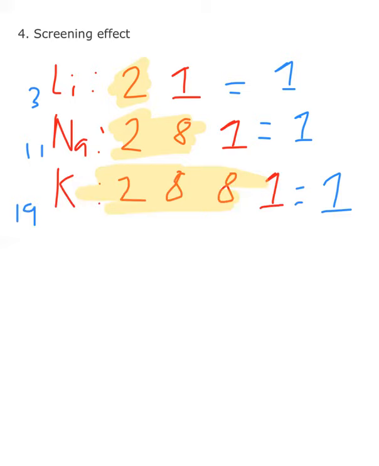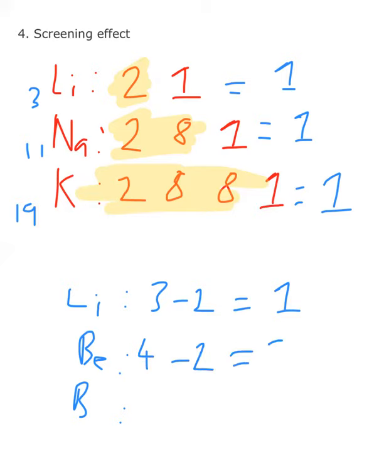So we did this earlier for lithium, then for beryllium, boron, and further onwards. For lithium, there are 2 inner electrons and 3 protons. So 3 minus 2, that is +1. For beryllium, there are 4 protons and 2 inner electrons, so it is +2, and then +3.